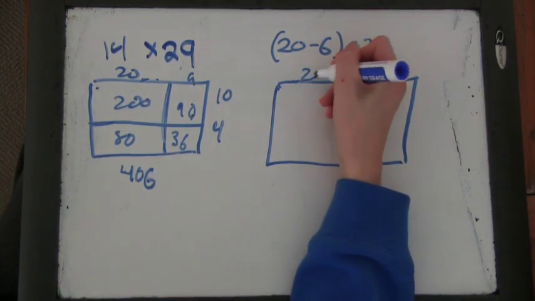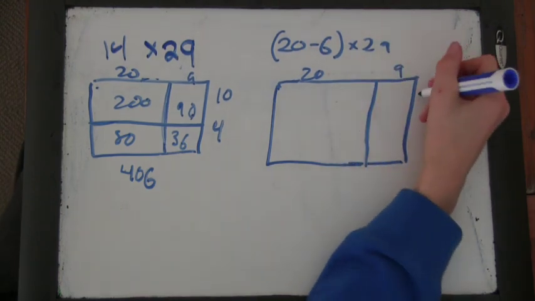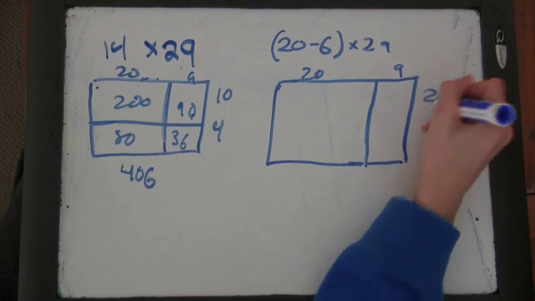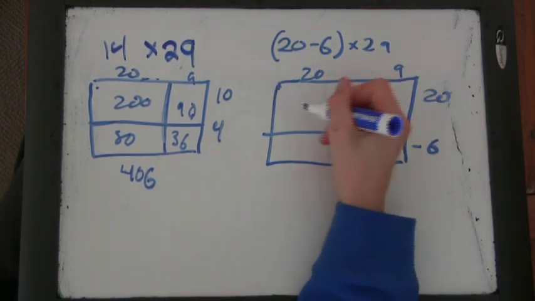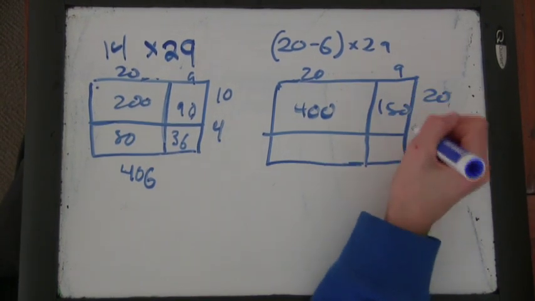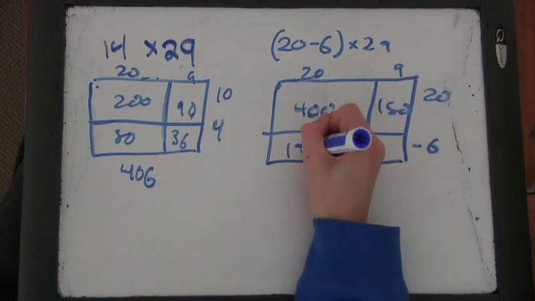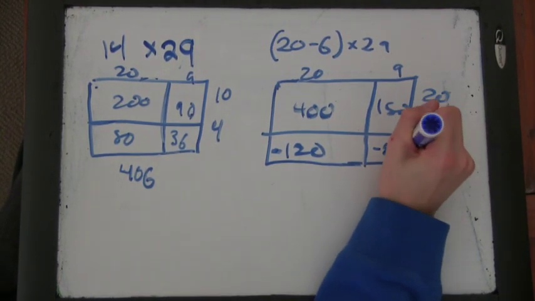So we still have the 20 and the 9. But over here, we have 20 and minus 6. So we get 400, 180, 120, and this is negative, and then we have negative 54.